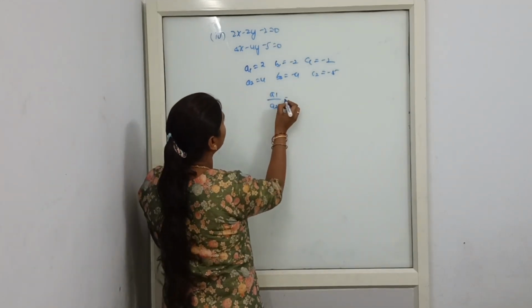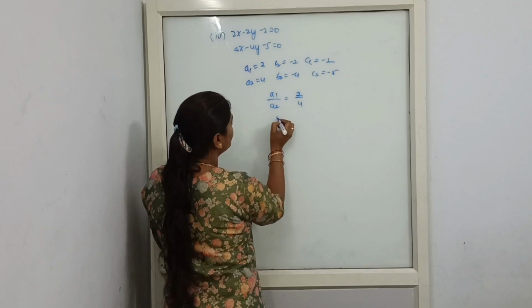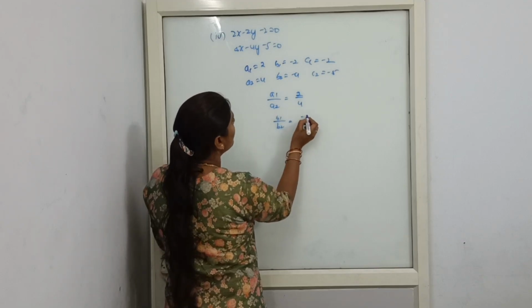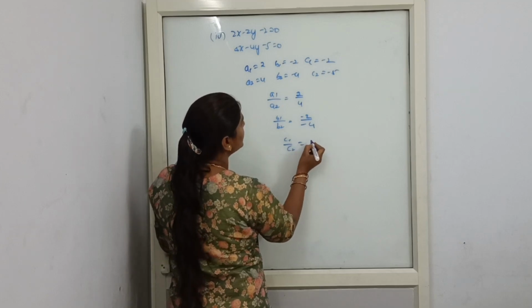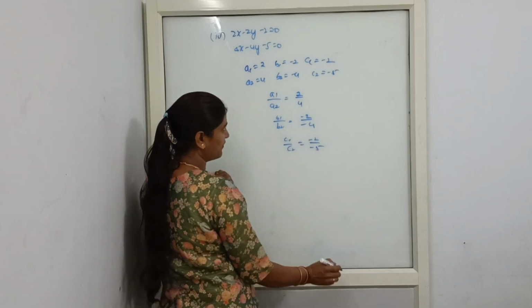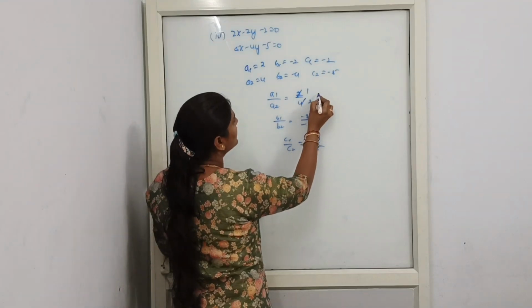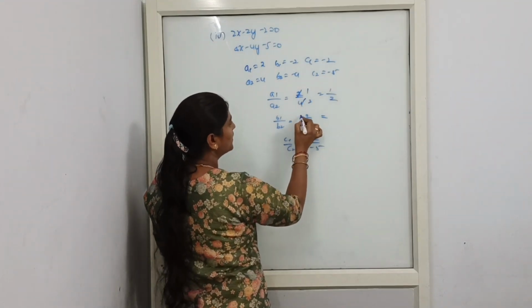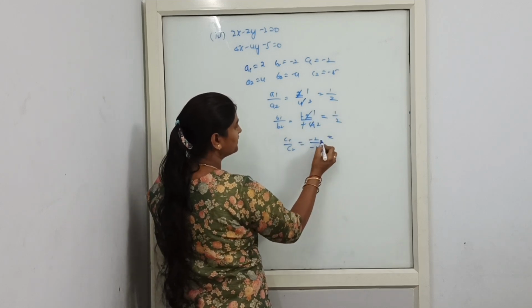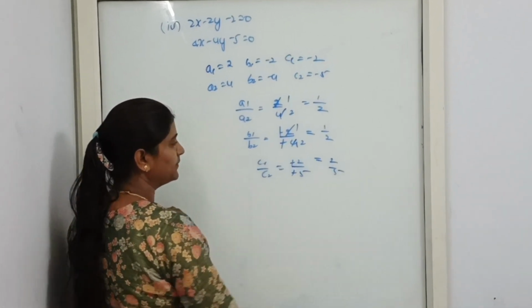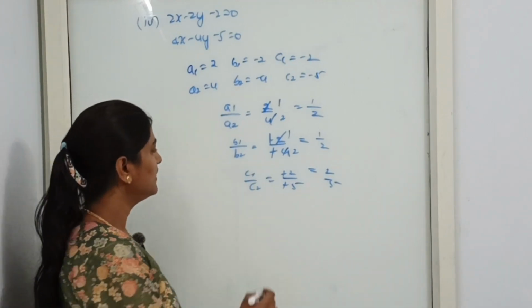Compare a1 by a2, 2 by 4, b1 by b2, minus 2 by minus 4, and c1 by c2, minus 2 by minus 5. Two ones are 2, two twos are 4, so 1 by 2. Negatives cancel, so 1 by 2. And c1 by c2 is 2 by 5. What is the interpretation here?